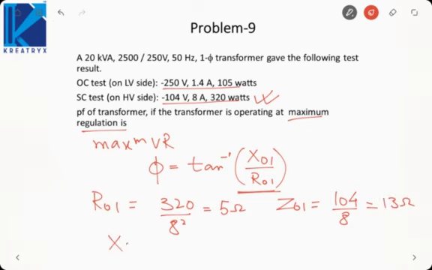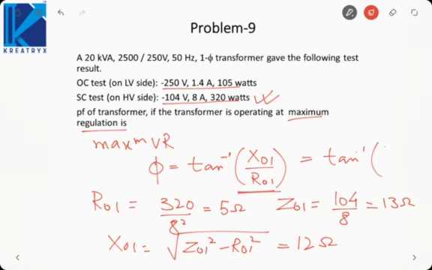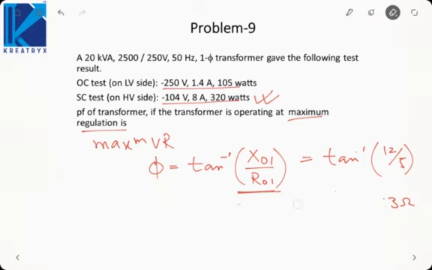Then X01 will be under root Z01 square minus R01 square, which is 12 ohm. So phi will become tan inverse 12 by 5. To calculate the power factor, we take cos phi. Cos phi will be base upon hypotenuse, that is 5 by 13.